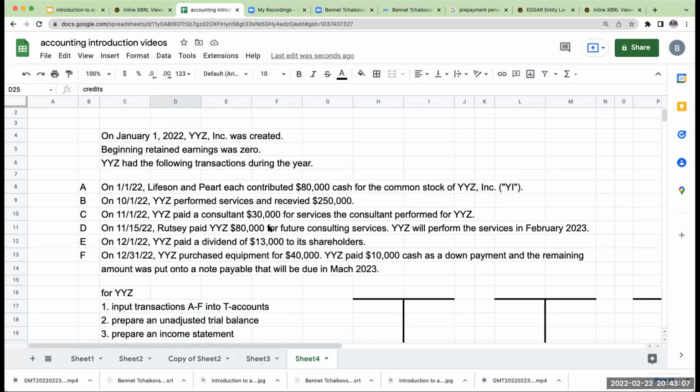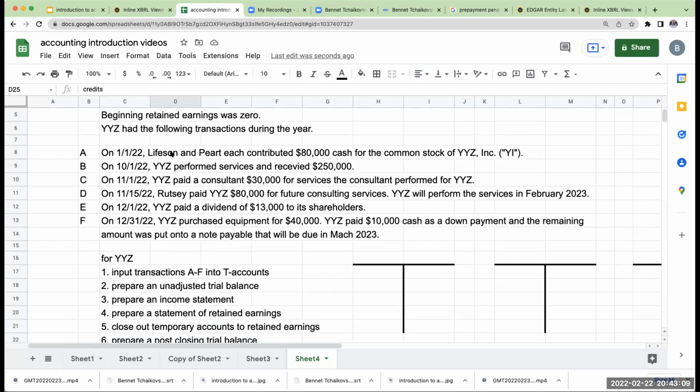Let's go to it. On January 1st, Lifeson and PERT each contributed $80,000 cash for the common stock of YYZ. So the company is receiving cash. They're getting $80,000 from Lifeson, and then $80,000 from PERT, for a total of $160,000.